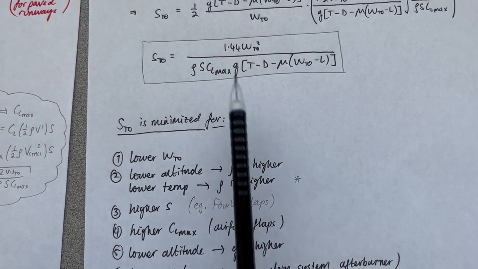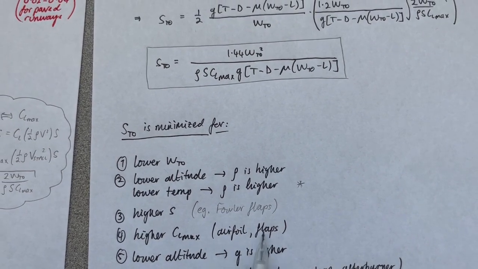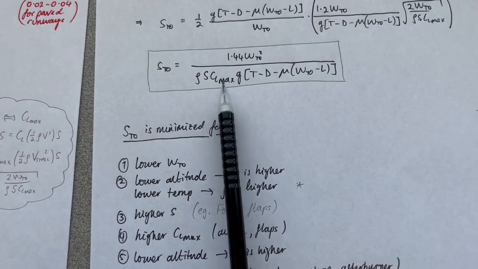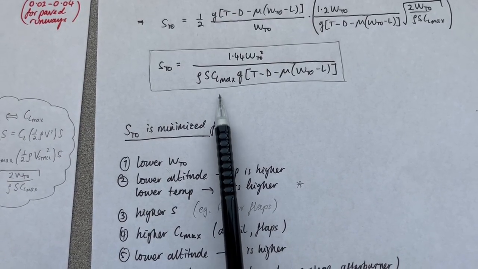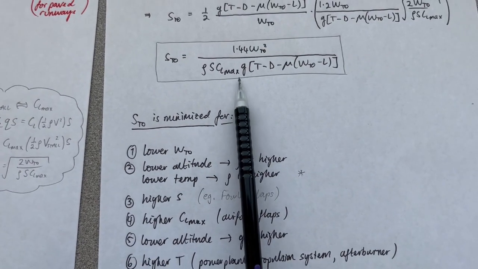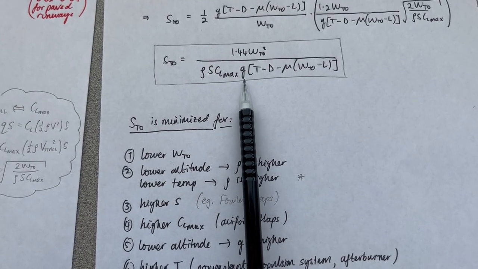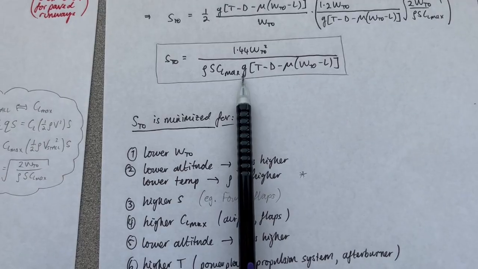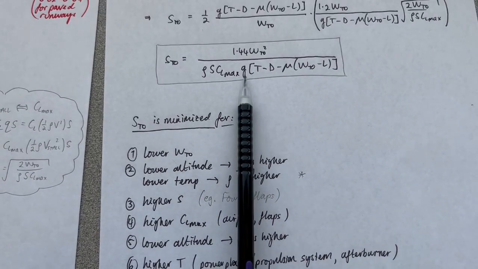CL max, well, that's determined by the airfoil itself, and as I said, the flaps to adjust the camber. So that's kind of an aerodynamic consideration. The acceleration due to gravity, which occurs down here, is lower at lower altitudes. The difference is fairly small, but it makes a difference.